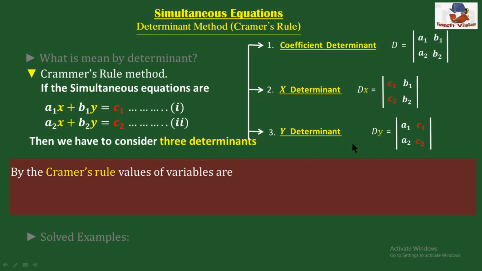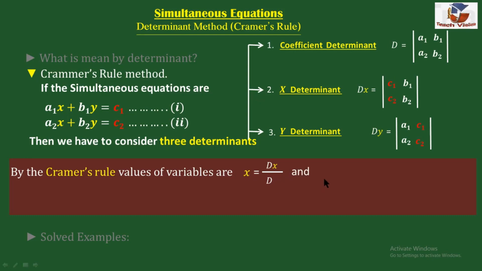And with the help of these three determinants D, Dx and Dy, we can calculate the values of x and y variables by Cramer's rule. Then by Cramer's rule, the values of the variables are: x is equal to Dx divided by D. It means the value of x is equal to the x determinant divided by the coefficient determinant.